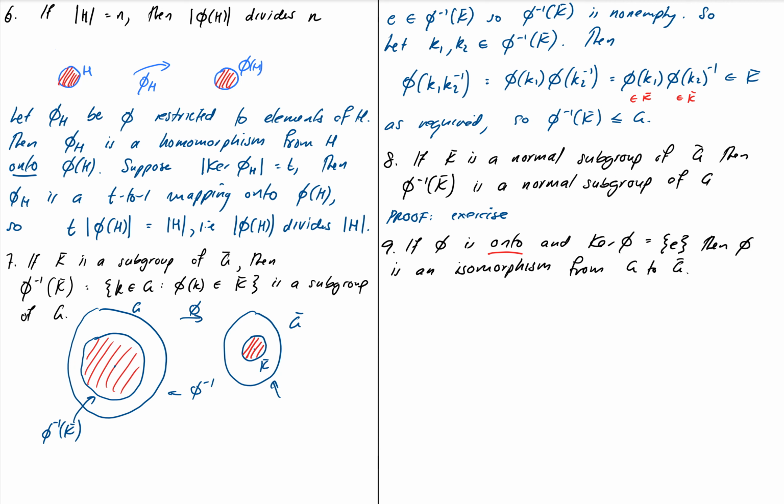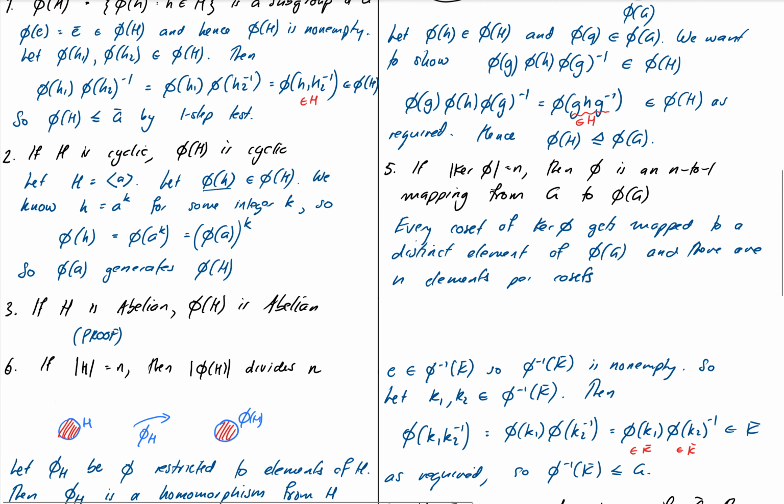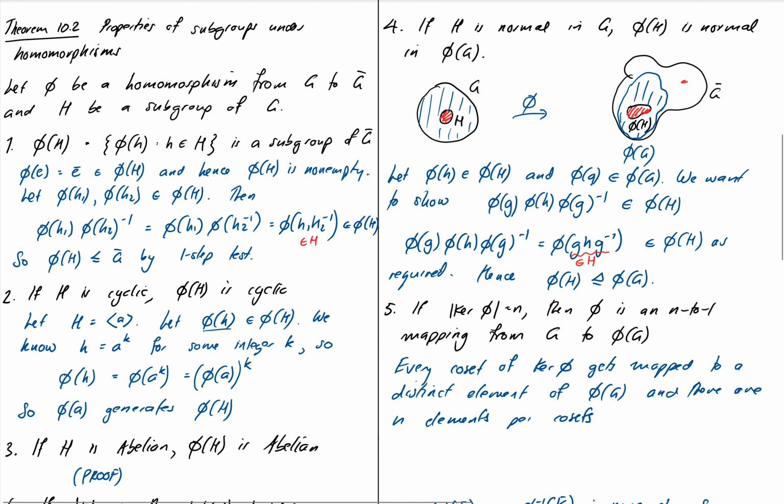But if the kernel is just the identity, by property 5, which is sadly off the screen, let's scroll up and see it, even though it's going to make this look like a dog's breakfast for a second. Property 5, there it goes. If the order of the kernel is n, then phi is an n to 1 mapping.